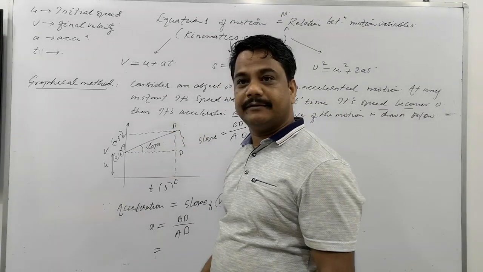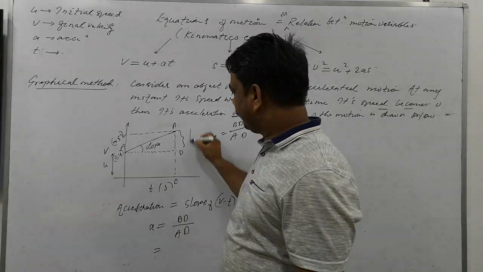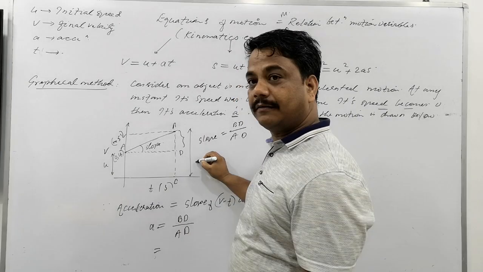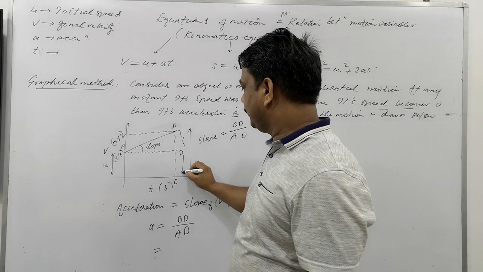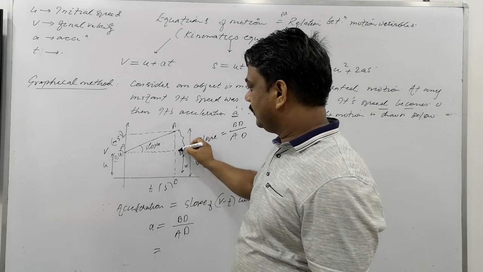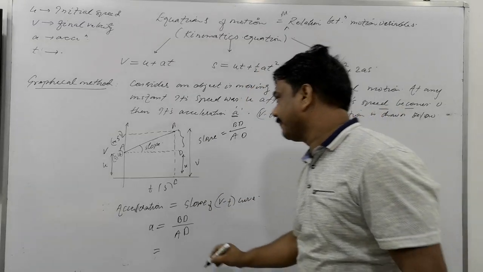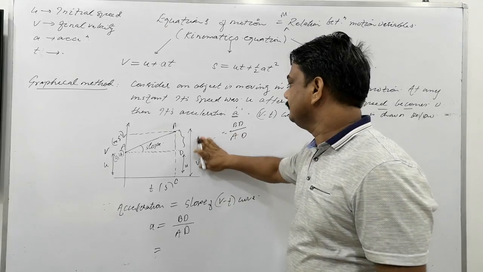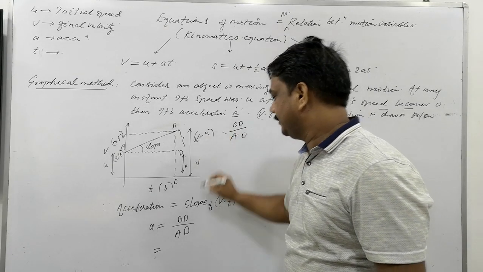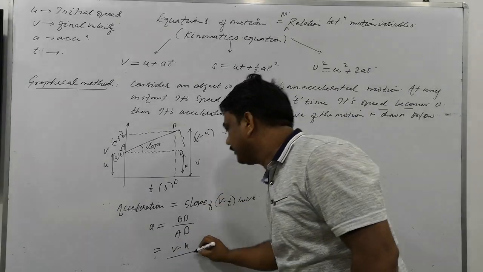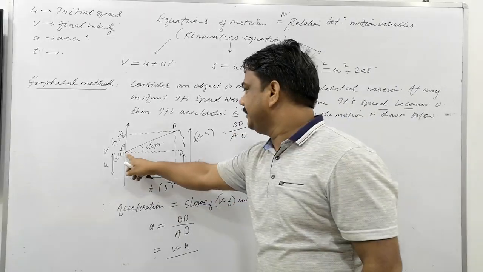So its speed becomes v. From here to here it is v, and this is u. I want to calculate BD. BD is v minus u. Clear?